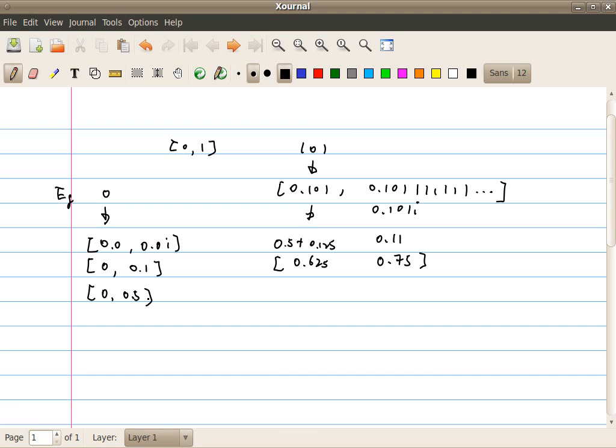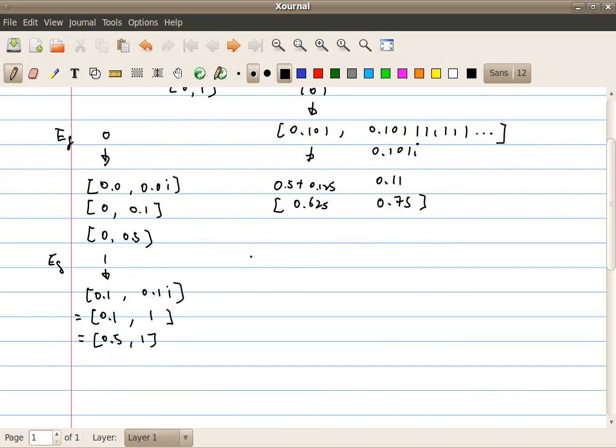Another example, let's say 1, that will correspond to 0.1 to 1 in binary, or in decimal 0.5 to 1. Let's give one more example.